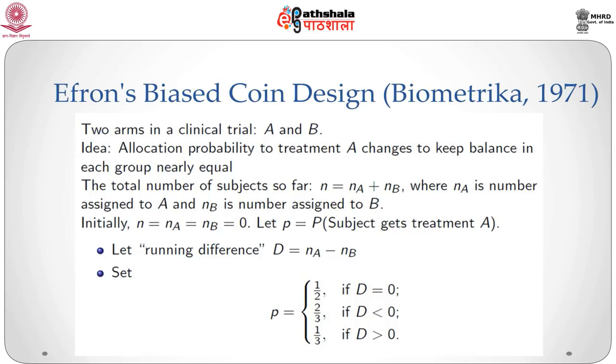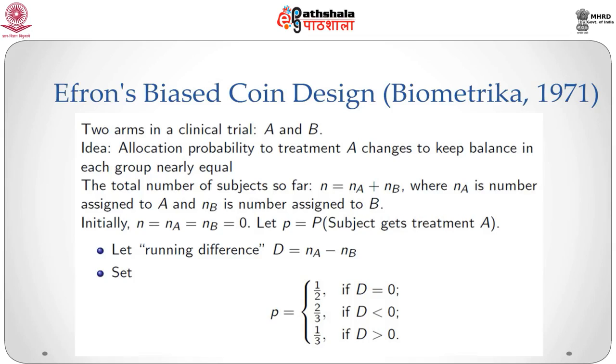Let us assume that so far small n equal to capital NA plus capital NB patients have been allocated, where NA is the number assigned to A and NB is the number assigned to B.